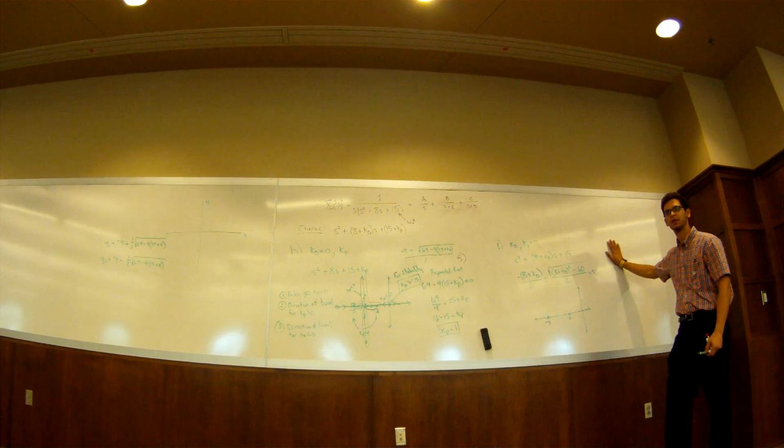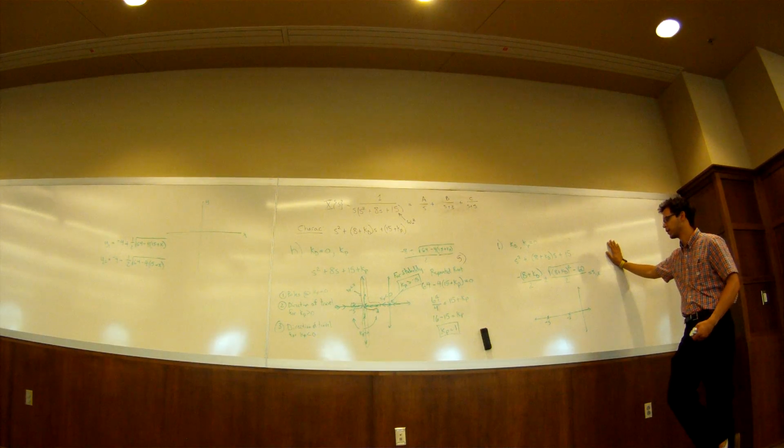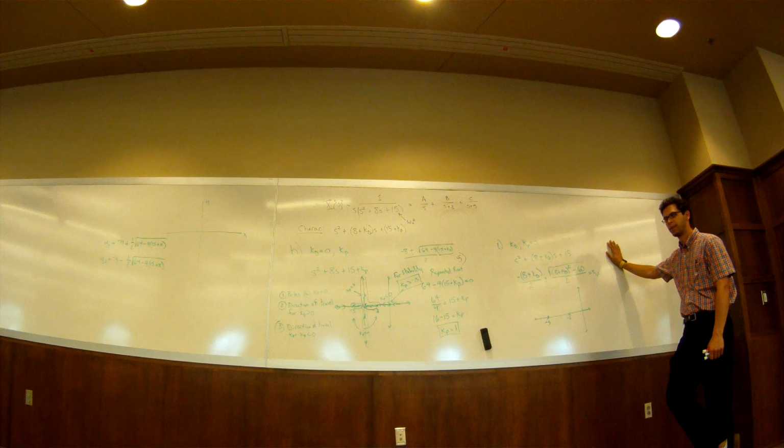Wait, yes. How do I do that? You said the square root is 0. Okay, yeah, so I get (8 plus KD) squared minus 60. Bring the 60 over, square root of 60, which is something. Square root of 60 minus 8. So when KD is equal to square root of 60 minus 8, you get that real part.